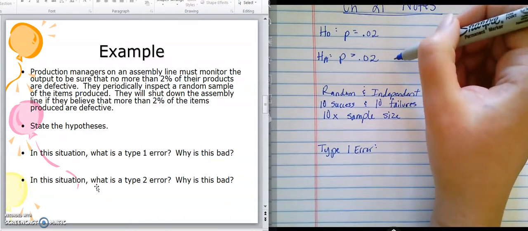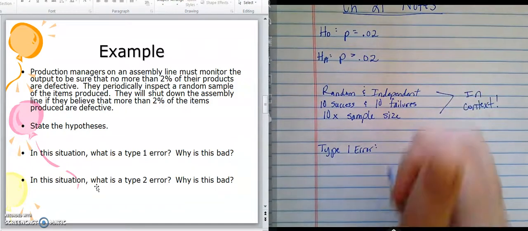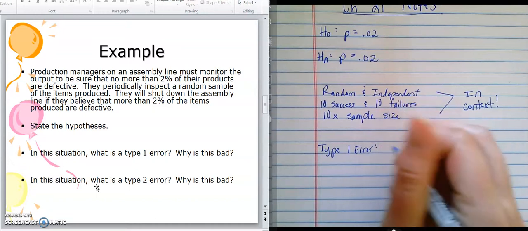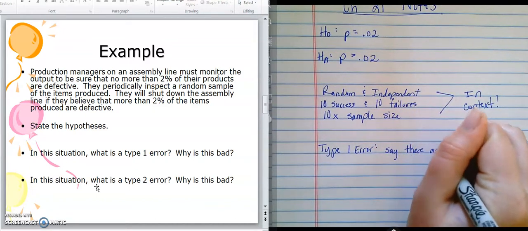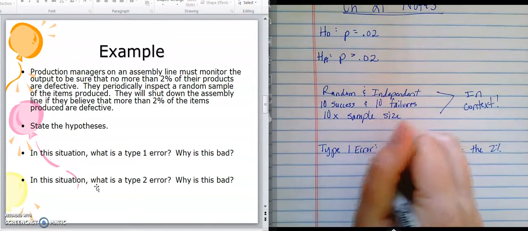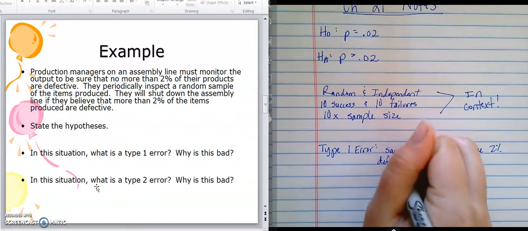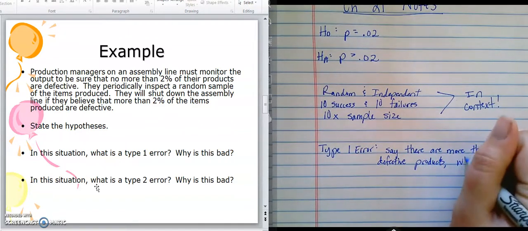I went with the alternate when I should have retained. So if I went with the alternate, I am saying that there are more. So if I say there are more than 2% defective products, when there's not.